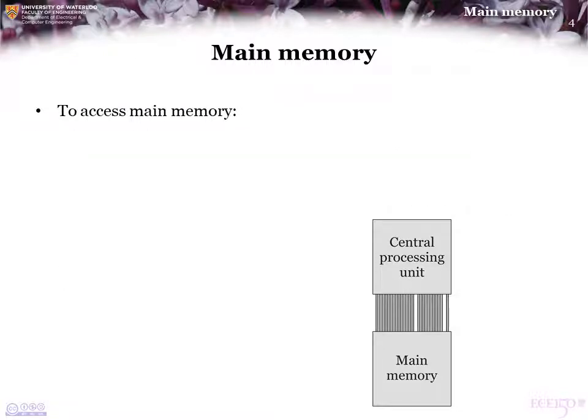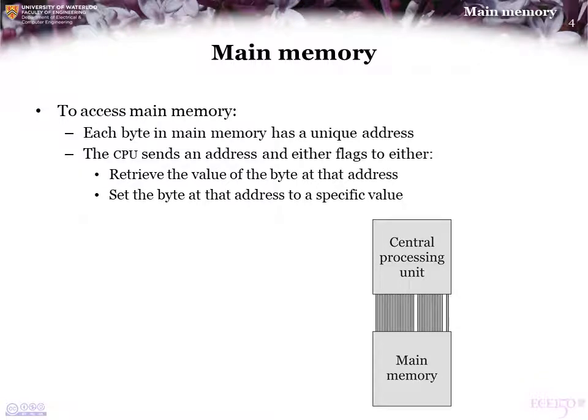Now, the way that main memory is organized is that every single byte in main memory has a unique address. The CPU then sends an address to main memory and flags to either retrieve the value of the byte that is stored at that address or to set that byte to a specific value.